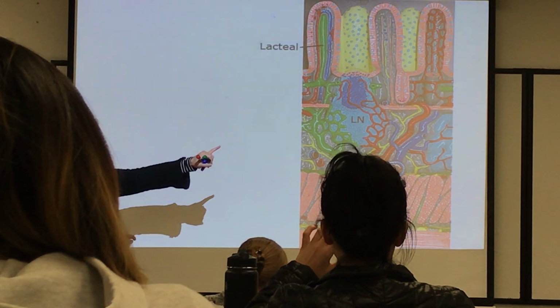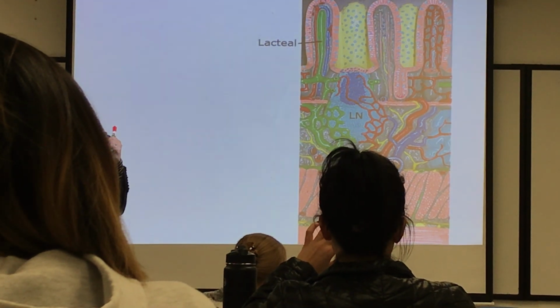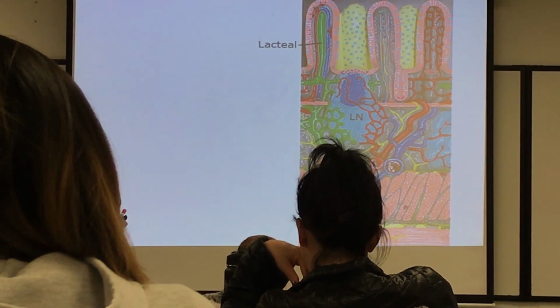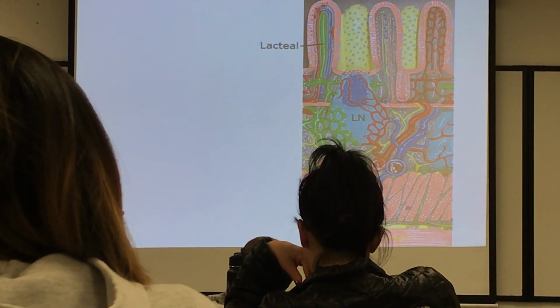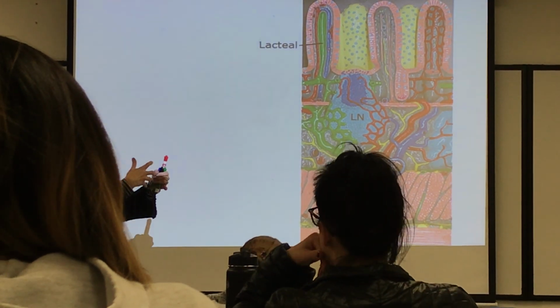Remember, I just drew the lymphatic capillary as a blind ending. Okay? So the blind ending origin, I guess blind origin at the beginning might be a better term, starts up there at the tip, and lipids are transported into that.